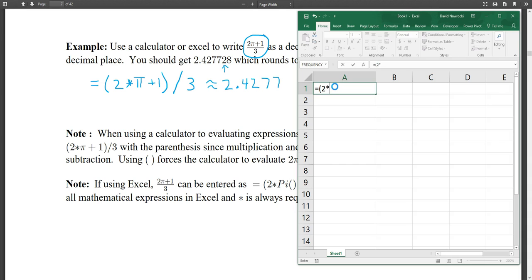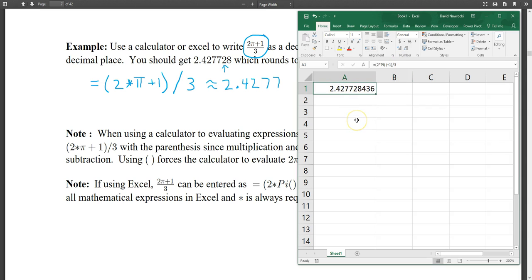There is no pi button on your keyboard, so you have to type it in like this. That's how you type in pi. Pi, and then just parentheses, plus 1, close it off, divide by 3. Then hit enter. And there you go. That's the same value that we got on our calculator.